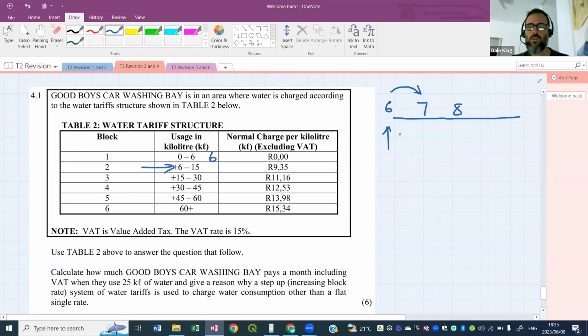So counting the fingers, you hit 7, that's 1. 8, 9, 10, 11, 12, 13, 14. When you hit 15, you've covered 9. So you counted the 6 as your first kiloliter, but on 6, you haven't covered a kiloliter yet. You haven't gone through a kiloliter yet. You with me?